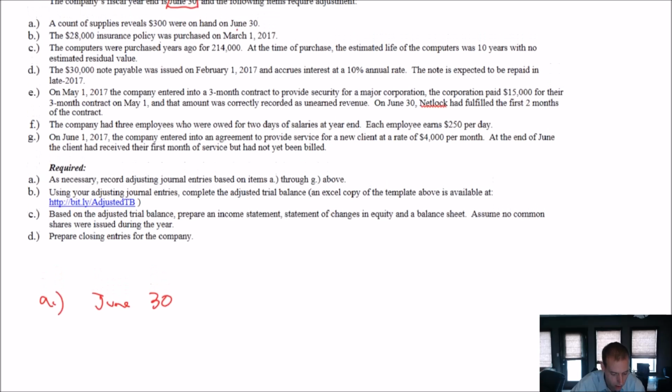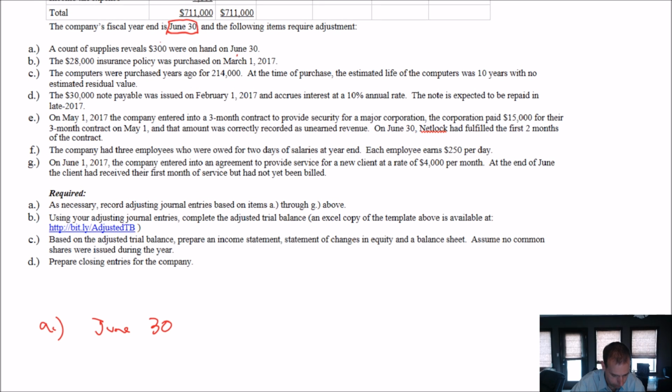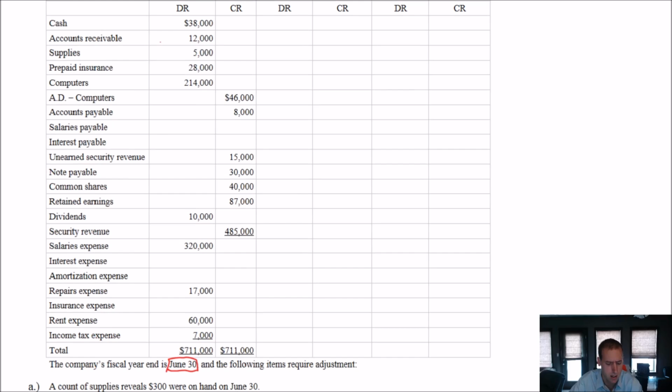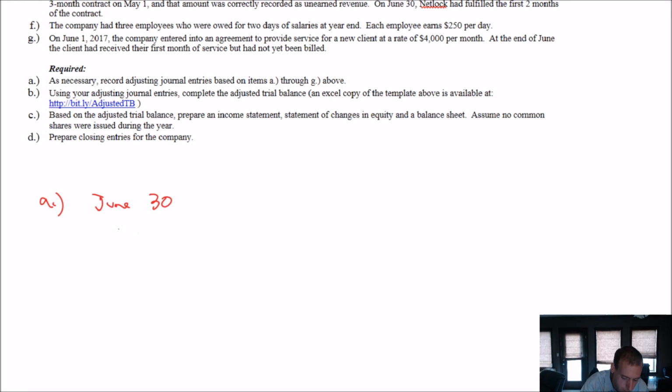Related to A, it says a count of supplies reveals $300 worth of supplies were on hand on June 30th. Okay, well, what does that mean? It means we had 300 left, but we're interested in how many we used up. Well, if I go up to my trial balance, my records show $5,000 worth of supplies. That's my books, right? So my books show 5,000.